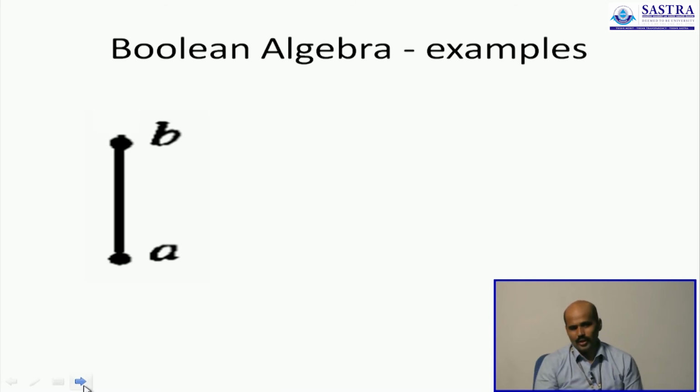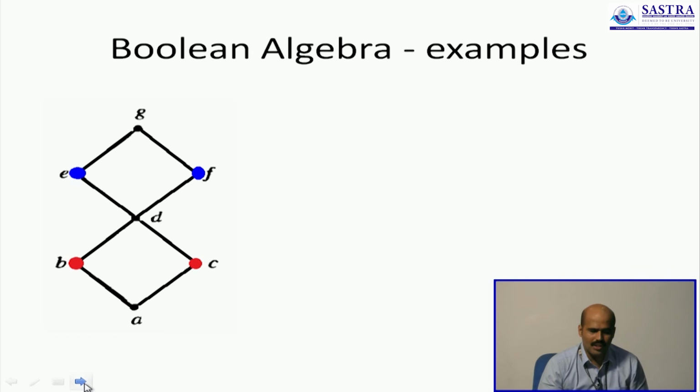This again is a Boolean algebra. There are only 2 elements A and B. They have their GLBs and LUBs again, which means they have complements defined for all elements of the set. It is distributive obviously, therefore it is a Boolean algebra.